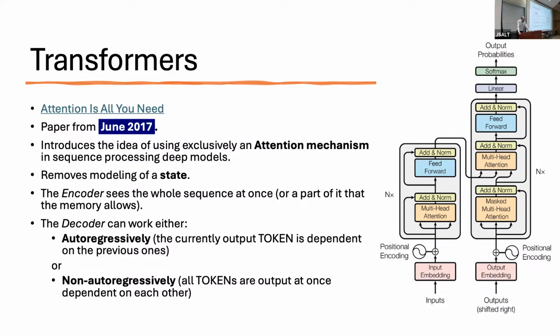So actually the decoder is asking, hey, I have these questions, encoder, what are your answers? And the encoder tells it, okay, these are my answers to your questions. And you have a masked multi-head attention down there. The masked part is just for the autoregressive versions of the decoder.